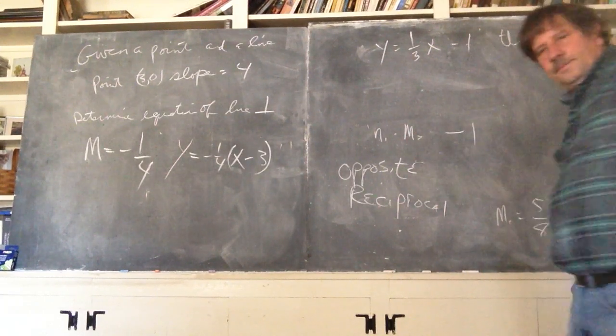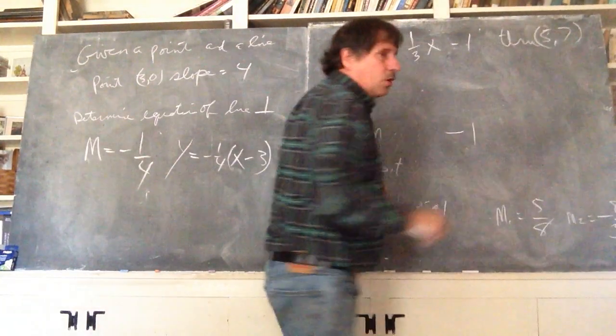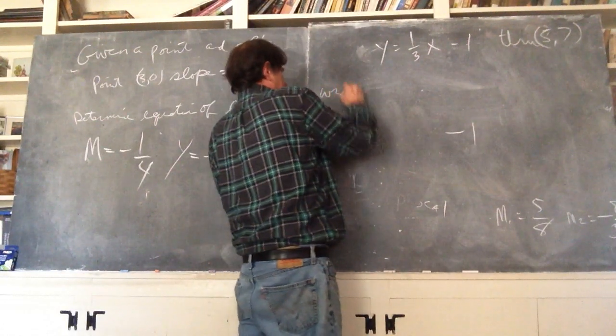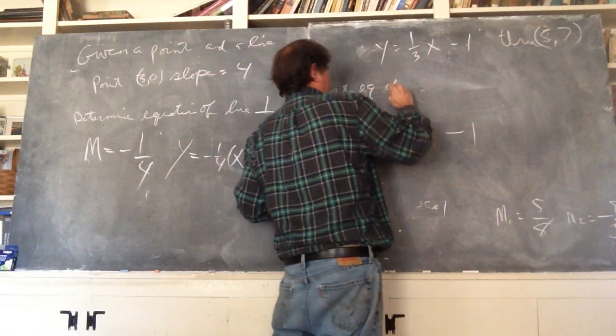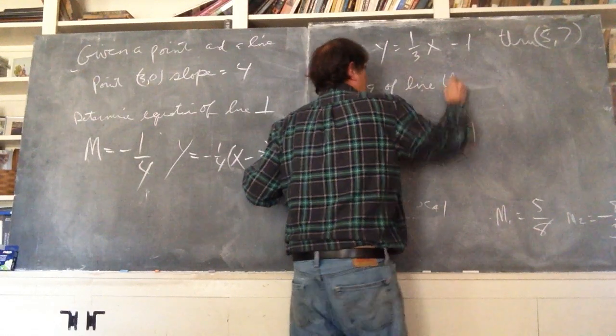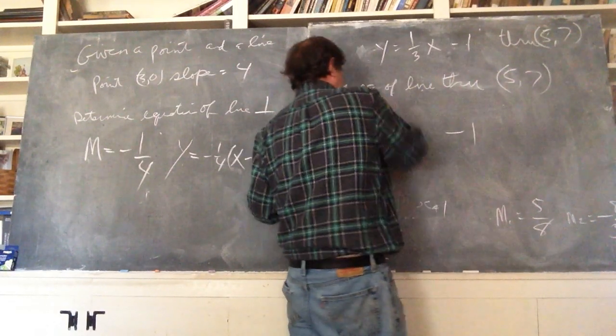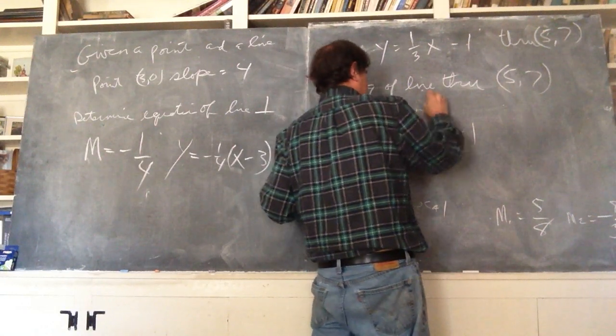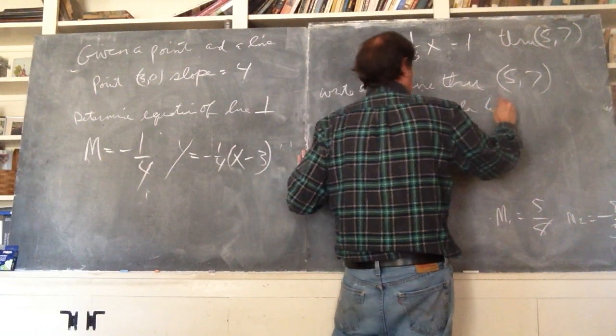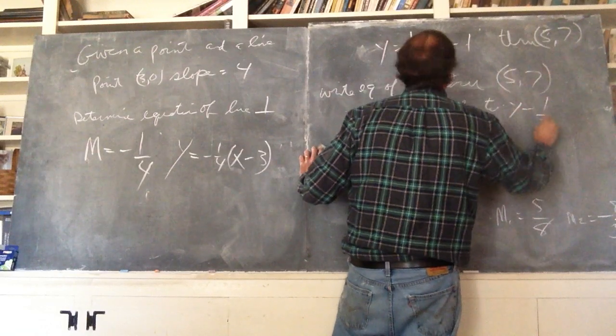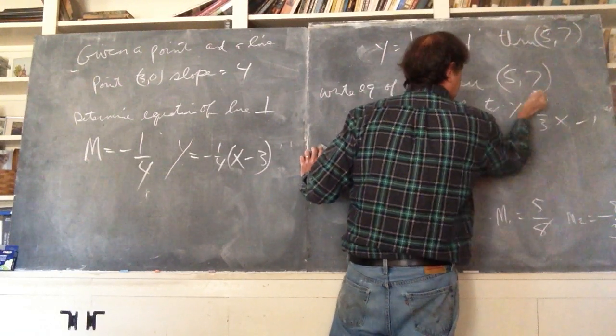What am I talking about here? Give me the equation of the line through 5, 7, perpendicular to y equals 1/3 x minus 1.